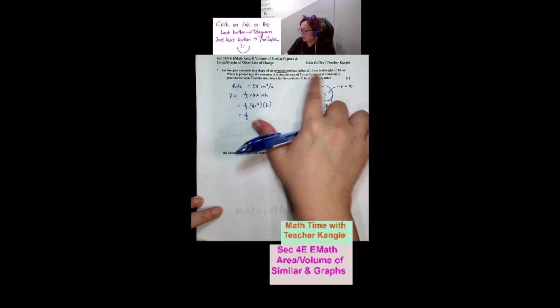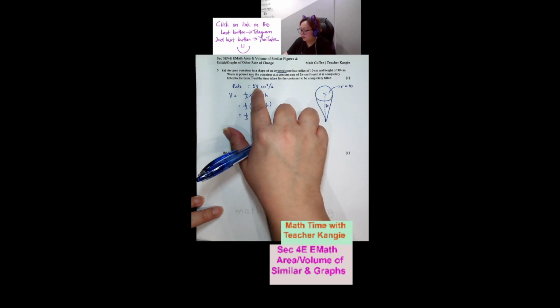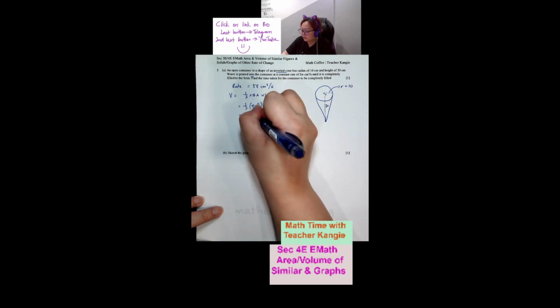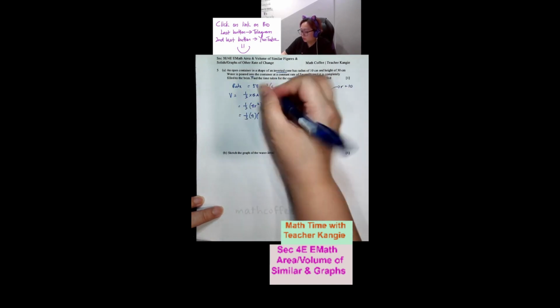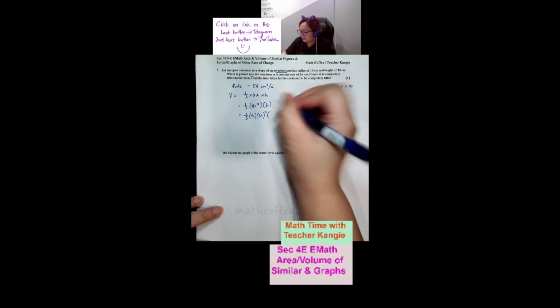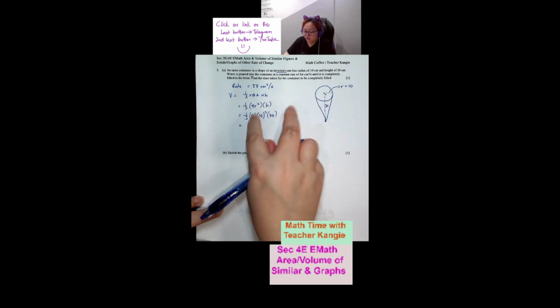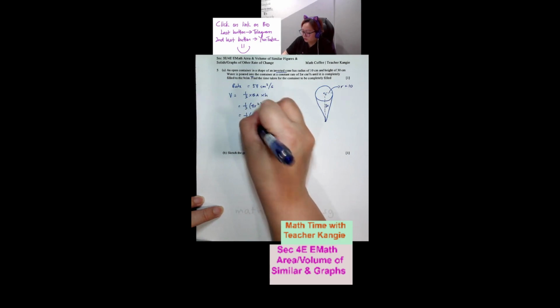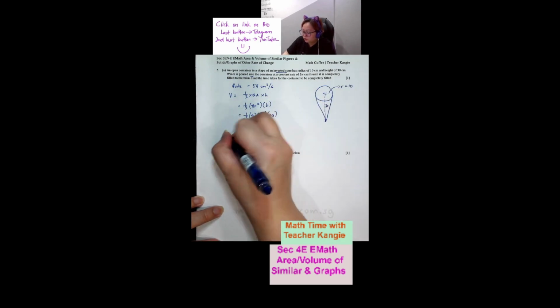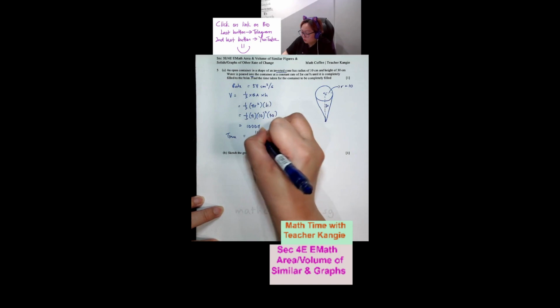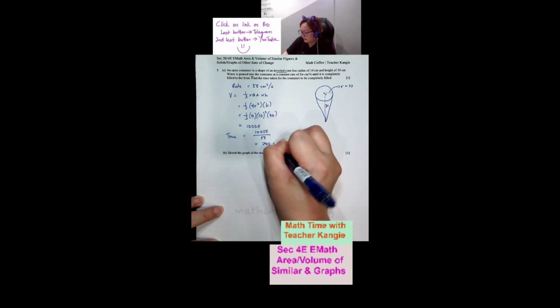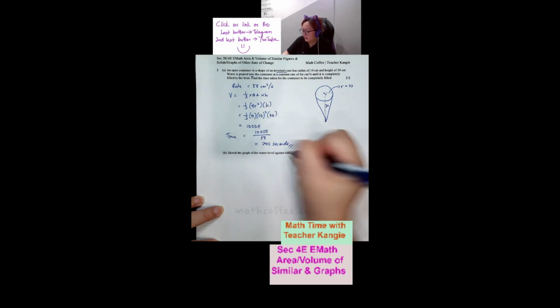I'm not going to use any value of pi, because over here my rate has pi, so I'm just going to keep it in terms of pi. Radius square, so 10 square, and the height is 30. So in terms of pi, we get 1000 pi. So to find the time, I take 1000 pi divided by 5 pi, it is 200 seconds. Done.